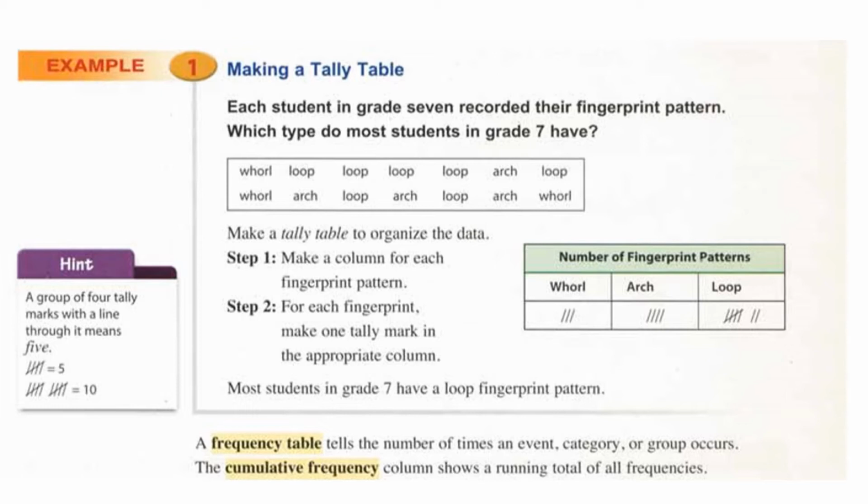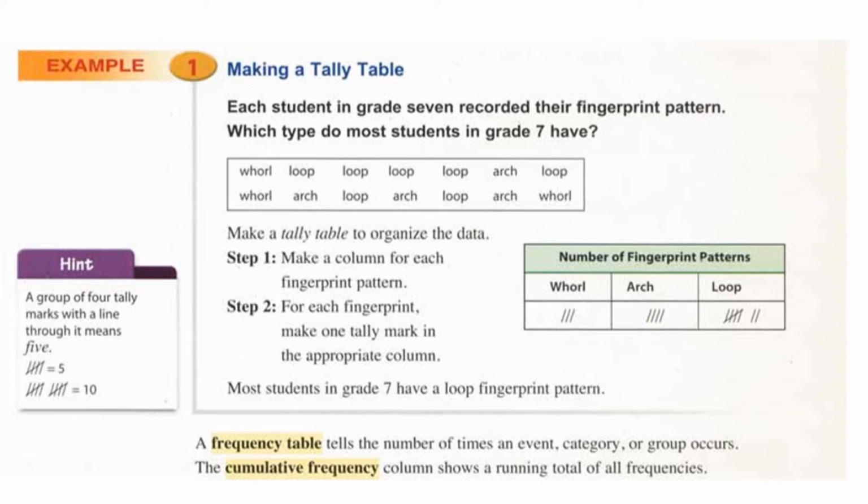You see in this table number of fingerprint patterns: whorl 3, arch 4, and loop there is 7. It means most students in grade 7 have a loop fingerprint pattern.